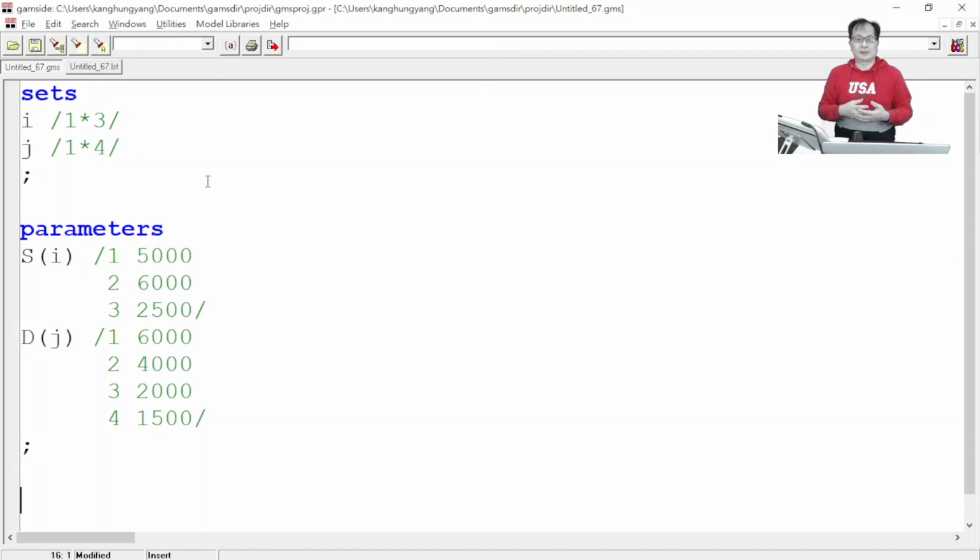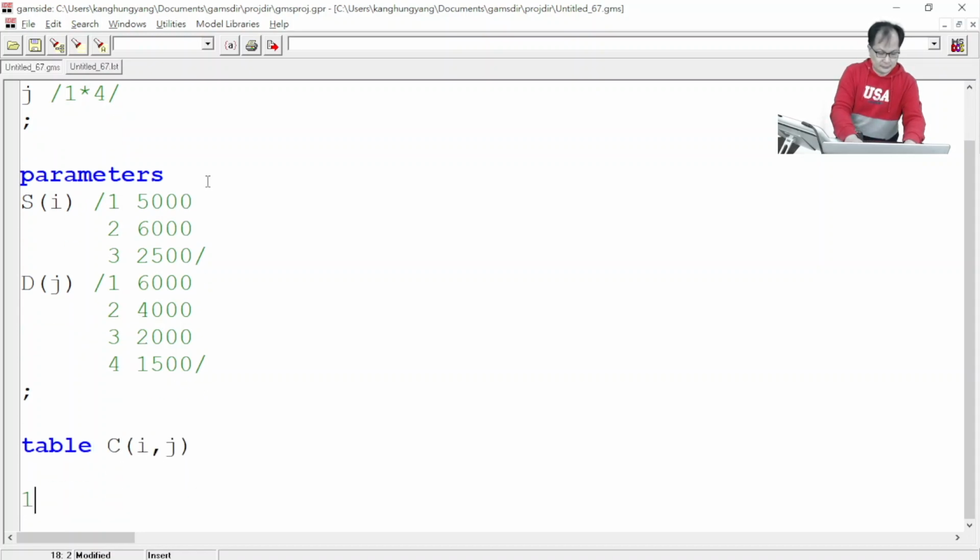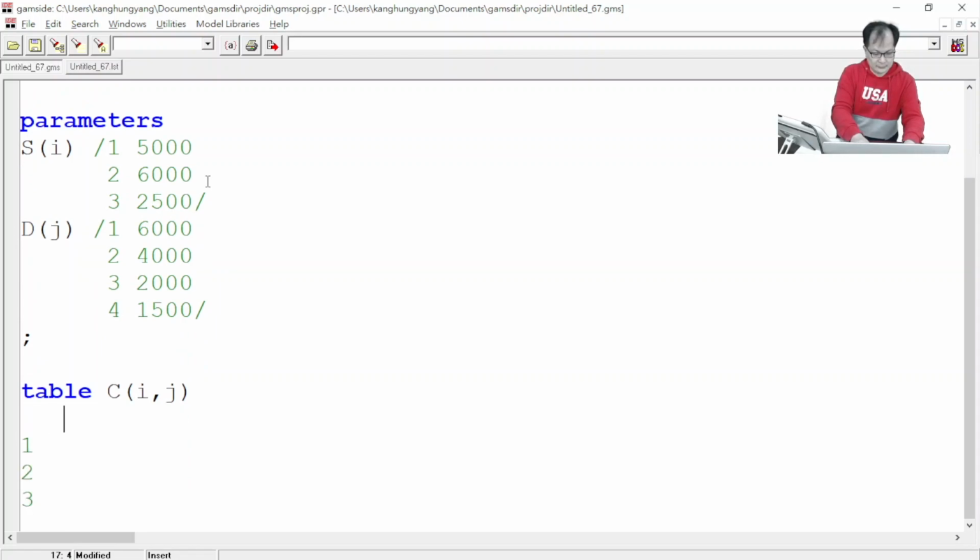And because the cost is something like a matrix, right? So we use the table to describe it, Cij, with rows 1, 2, 3 and columns 1, 2, 3, 4.